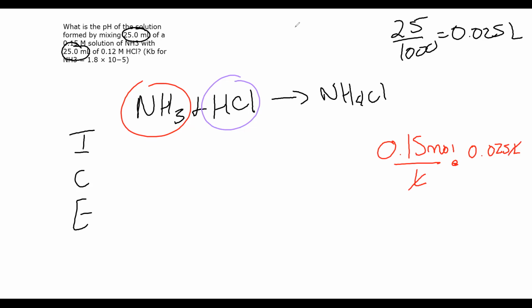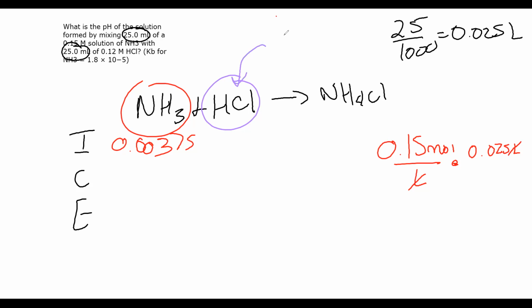What do I get? 0.0037, or 0.00375. I'm adding one more decimal place because it makes it equal the number we want, or very, very close. 0.0037 is fine. 0.004 is okay. I'm just doing it like this. Okay.